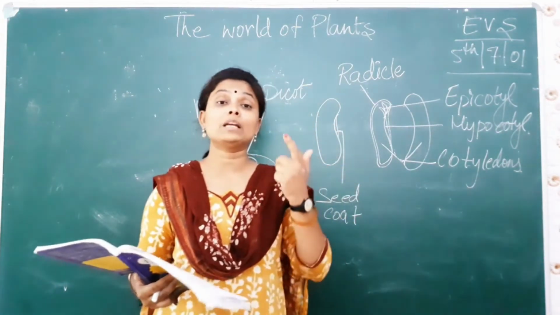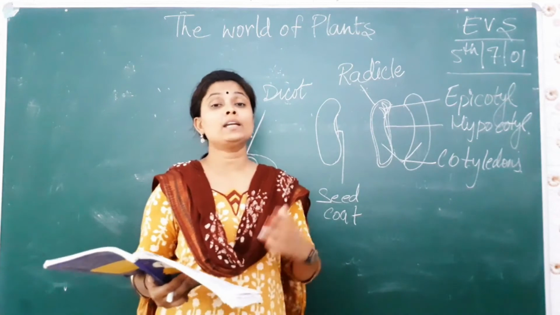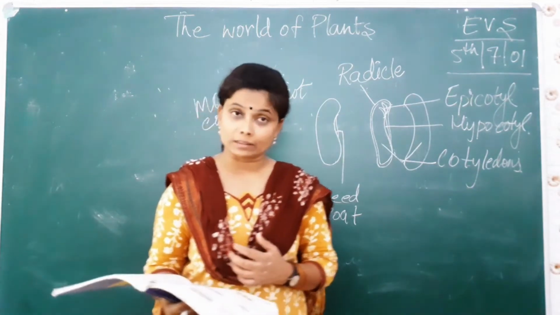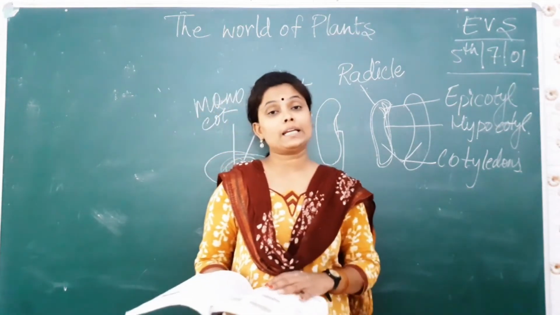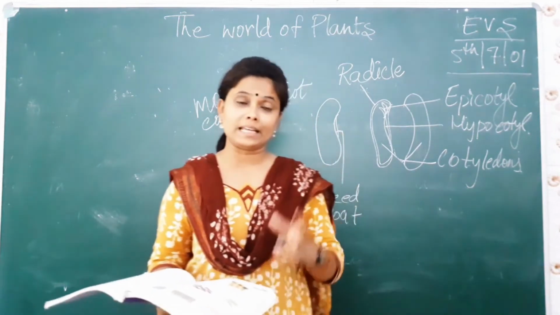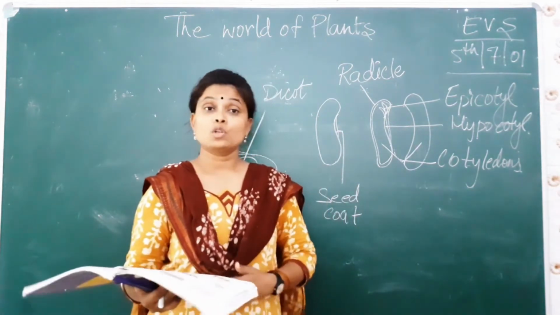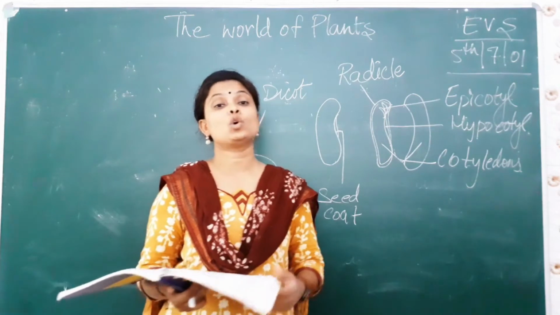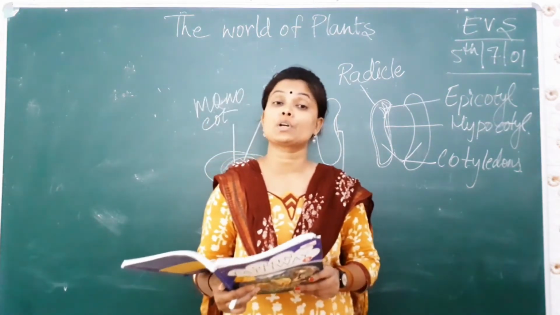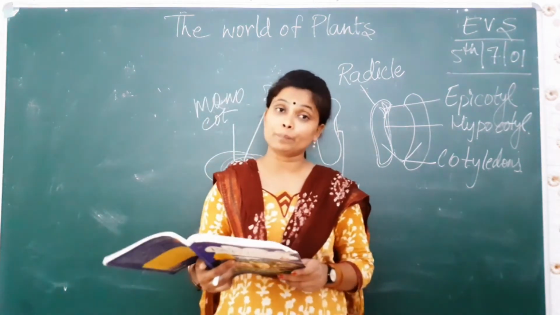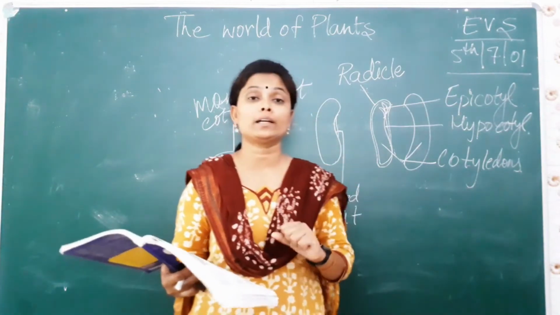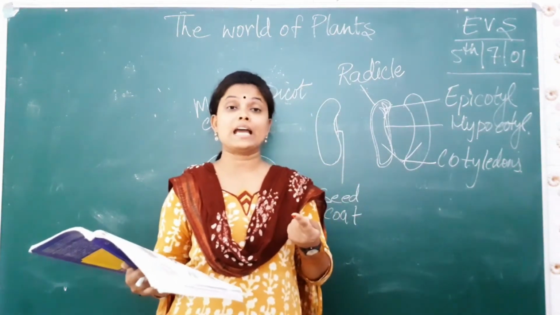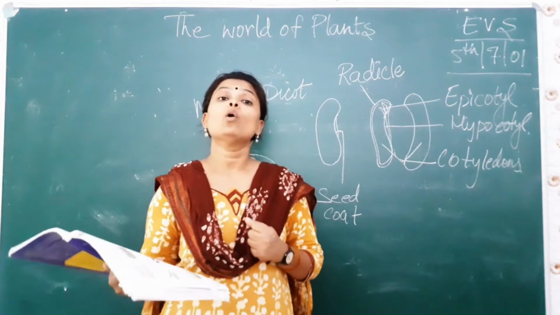For example, cotton. Cotton is produced in Gujarat. No other state can produce cotton in that much amount. So, Gujarat is known as the largest producer of cotton. And from that cotton, thread is made as well as we get the oil too.